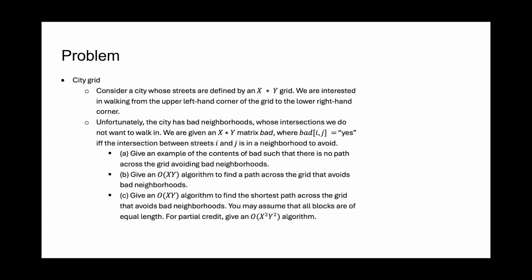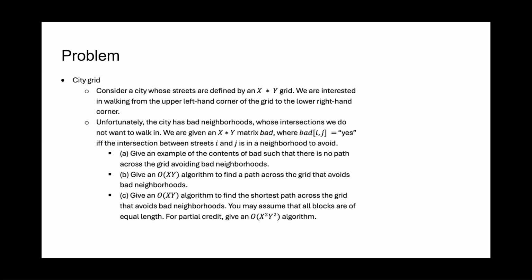The first is giving an example where there is no path to go from the starting intersection to the ending intersection without going through bad neighborhoods.